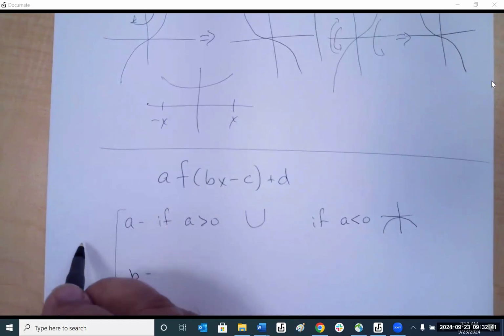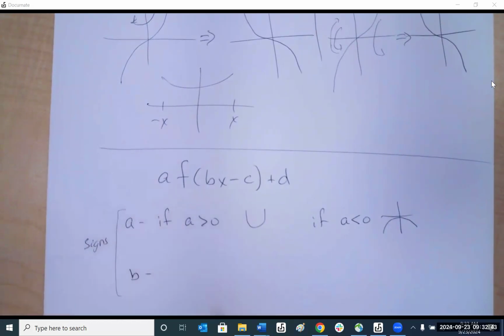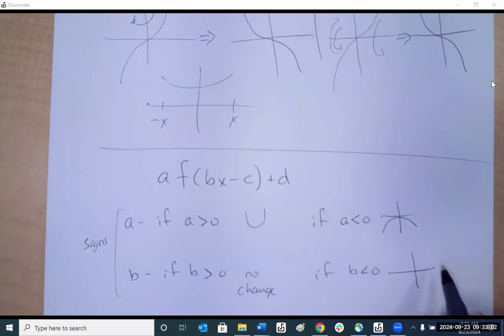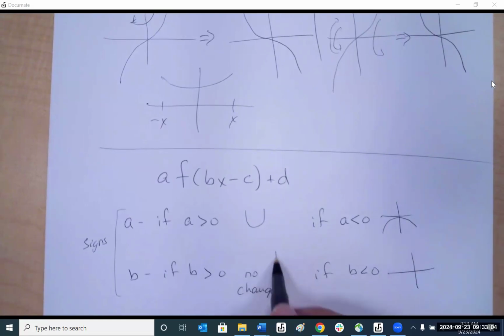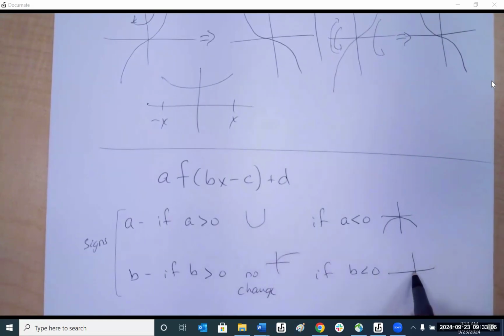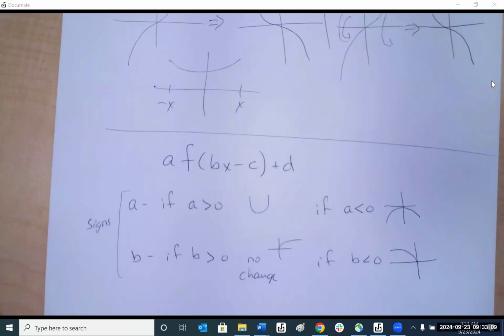Here we only look at the signs right now. If B is positive, what happens? No change. However, if B is negative, let's use this function. If B is negative, now we go the opposite direction. We flip across the y-axis.